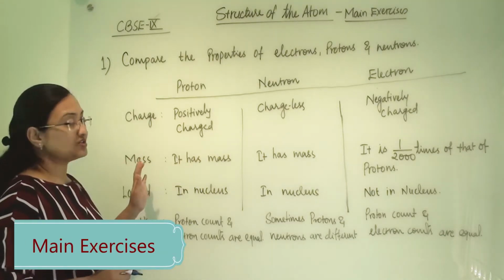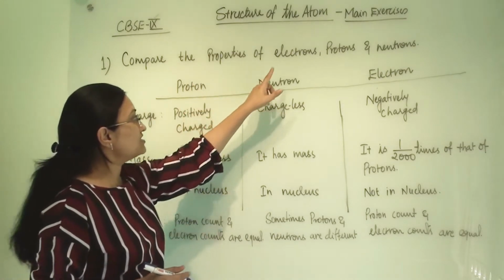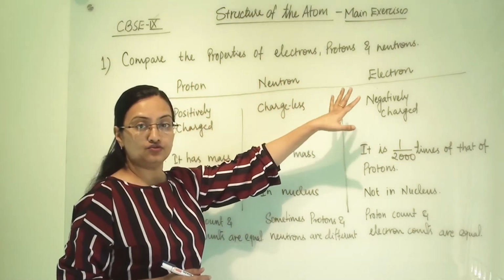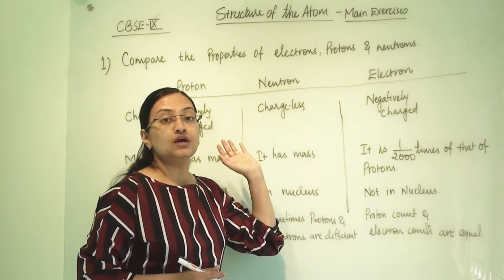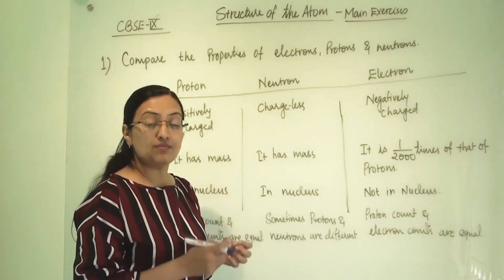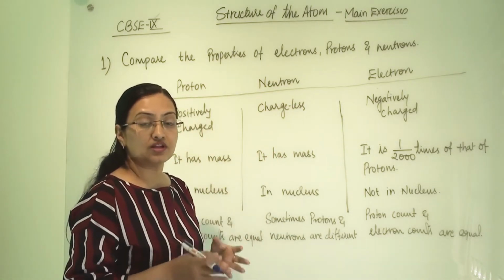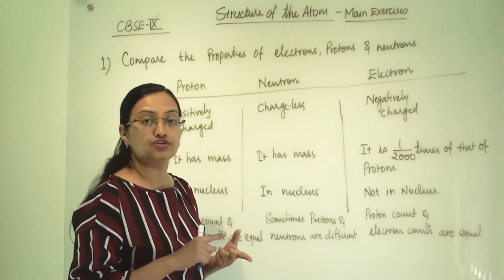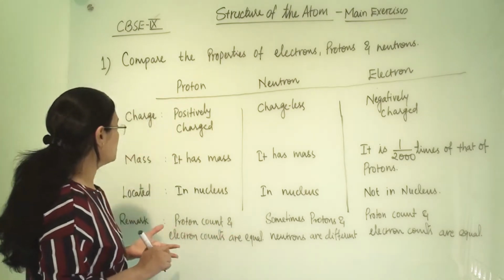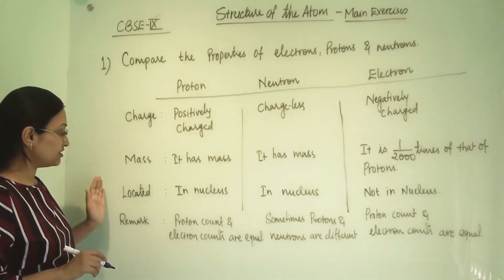So the first question is: compare the properties of electron, proton and neutron. Here we have to compare the properties of subatomic particles. And what are the subatomic particles? Proton, neutron and electron. We can bifurcate according to their properties.